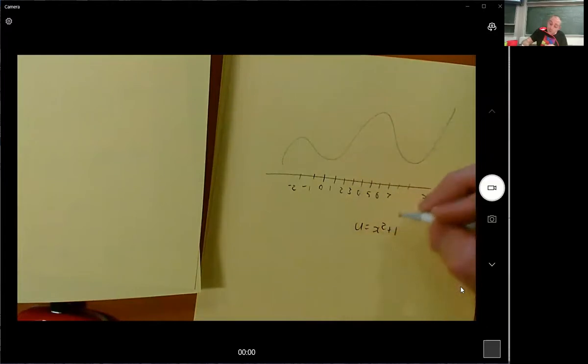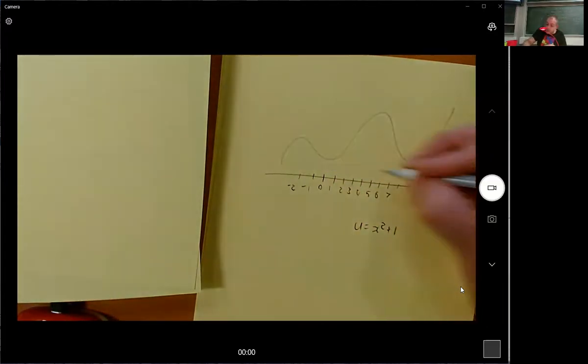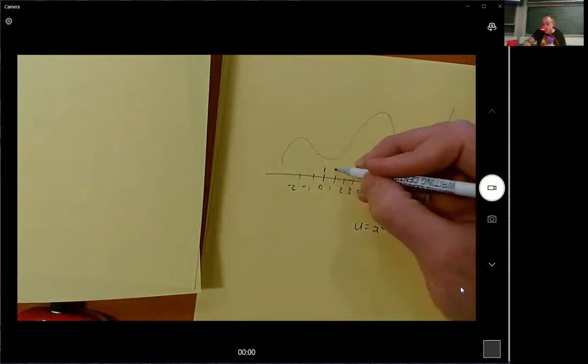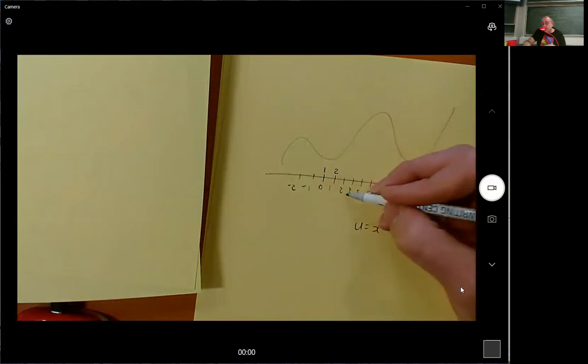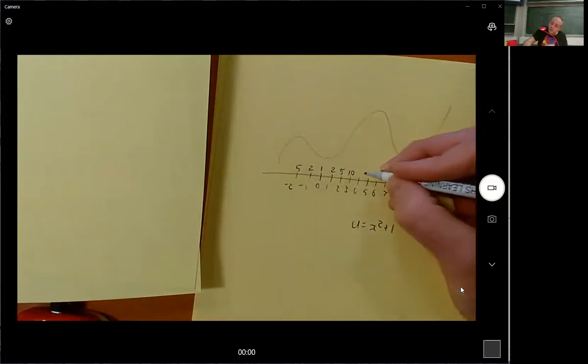So these are my x's, these are my u's. If x was 0, u would be 1. If x was 1, u would be 1 squared plus 1, which is 2. If x was 2, u would be 2 squared plus 1, which is 5. If x was 3, u would be 3 squared plus 1, which is 10. If x was minus 1, it would be minus 1 squared plus 1, which is still 2. And so all the values of u work out to whatever they work out to be.